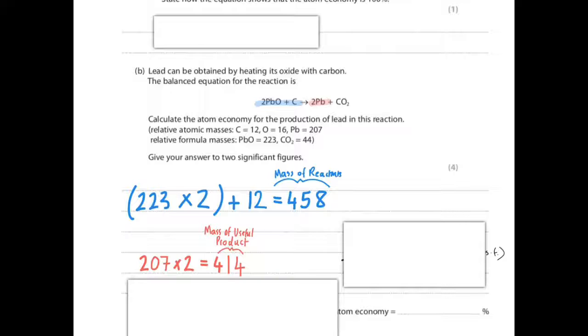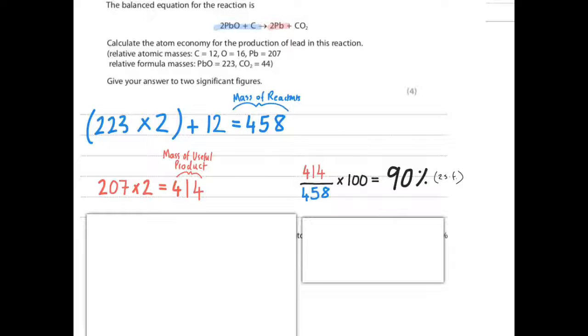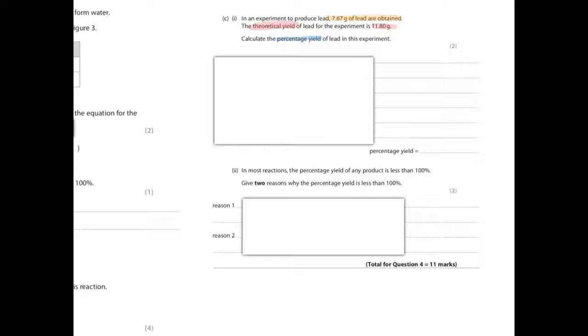So it's 207 times 2, which is 414. So we're trying to work out what proportion as a percentage of 458 is 414. Okay. So 414 divided by 458 times 100 is 90% atom economy. So it's a pretty efficient reaction. You get a large proportion of what you make is useful, only a little bit of waste is produced.